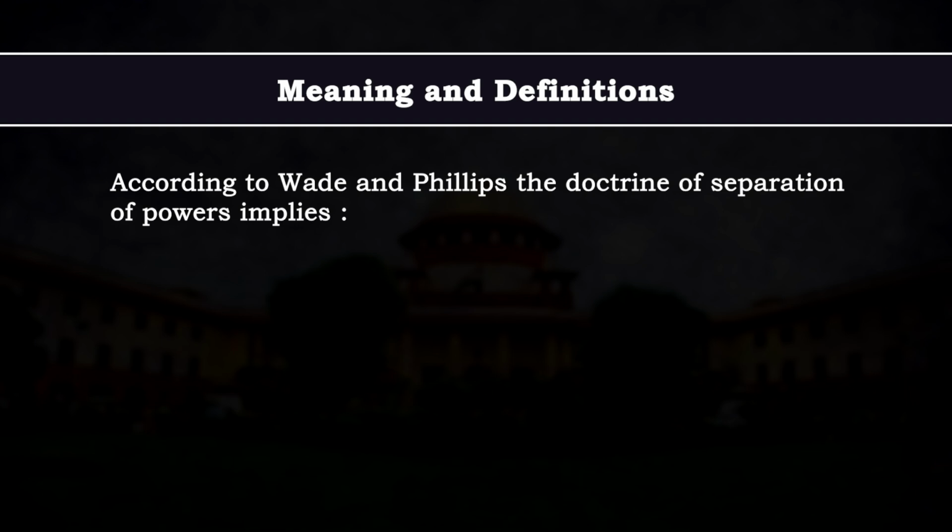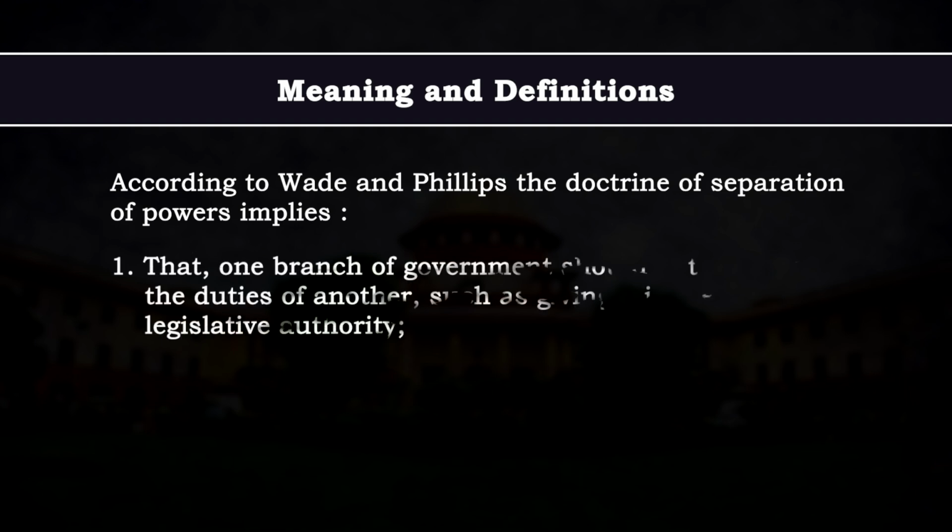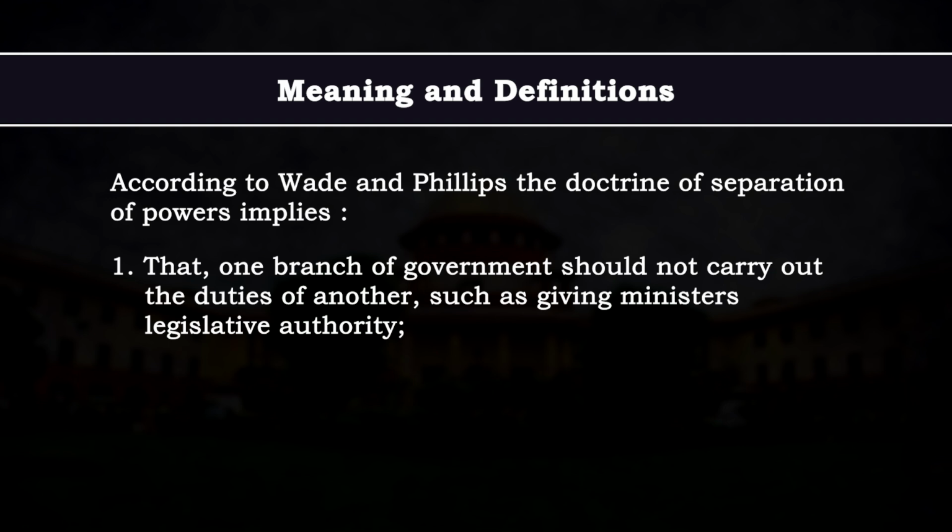According to Wade and Phillips, the doctrine of separation of power implies, number one, that one branch of government should not carry out the duties of another, such as giving ministers legislative authority.